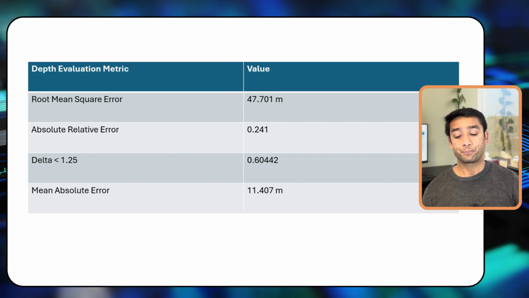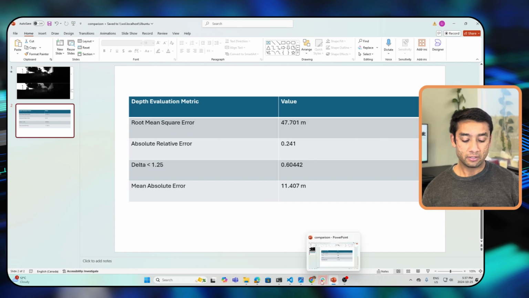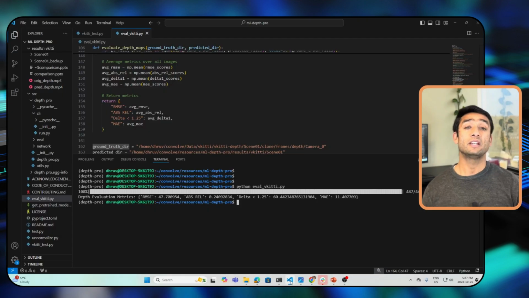Now guys, again, this is Apple's model, which was never trained on any of the KITTI dataset. It was trained purely on other datasets, and we just took it and ran inference on the KITTI dataset. And these are the numbers that it reported. Not too bad. Again, if you go to the Virtual KITTI 2 dataset benchmarks, you'll see much better performance.